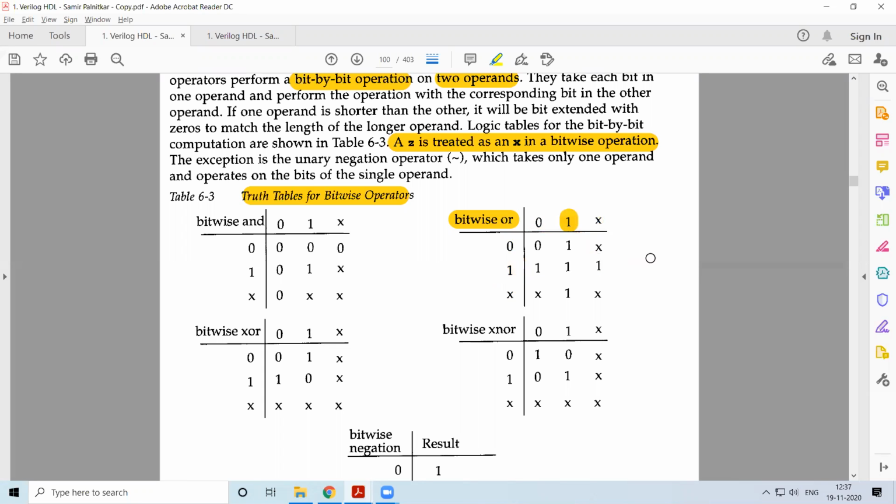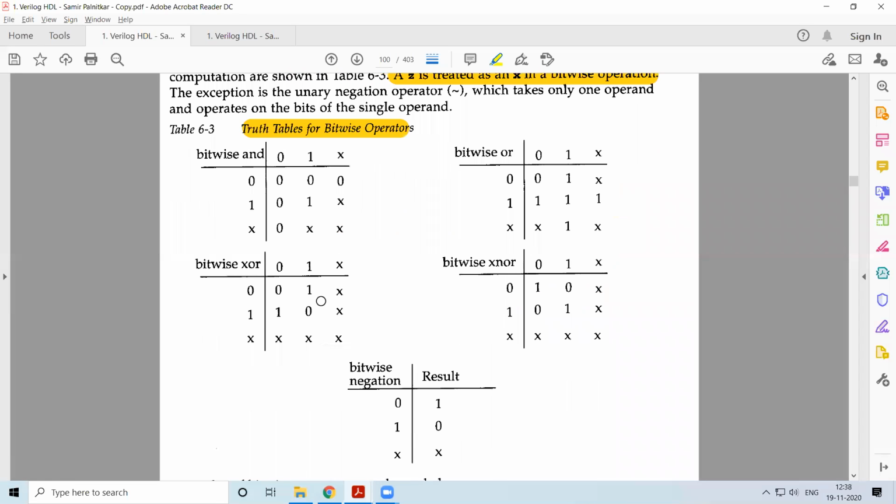The rest of the conditions follow: if both are 0, the output is 0, and if it is x, it evaluates to the ambiguous value. Even if this value is Z, it will be equivalent to x and the same result will be obtained. Similarly for XOR, you can check the operation, and even for XNOR.